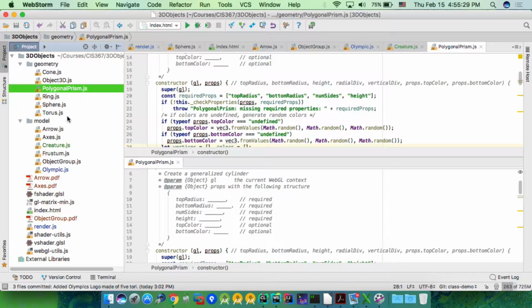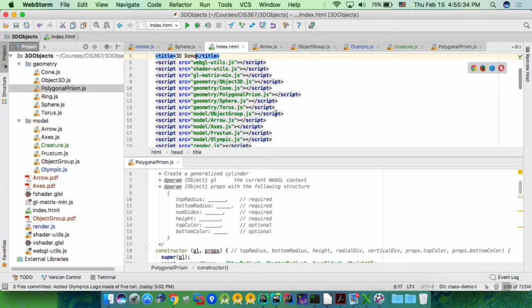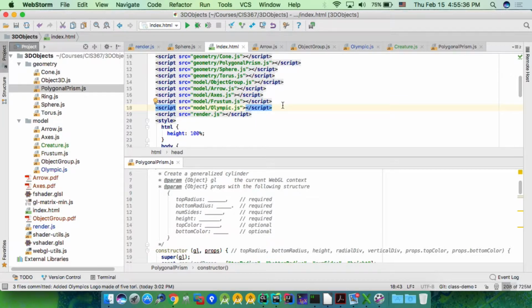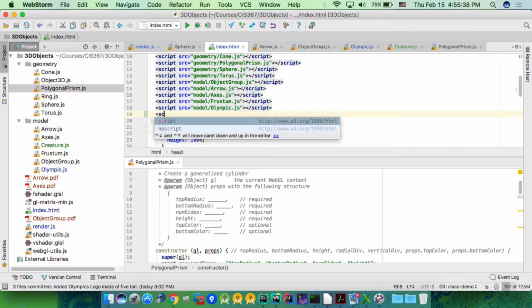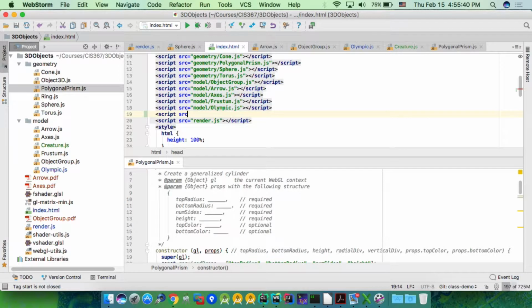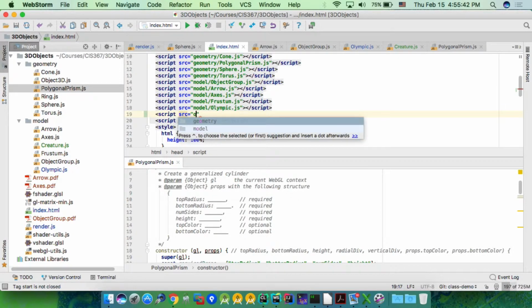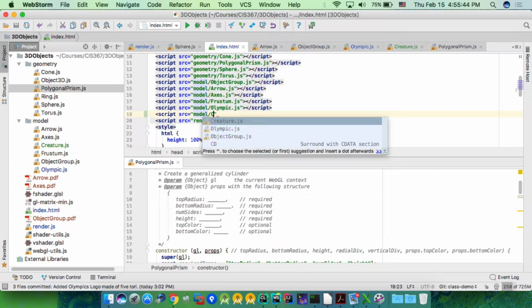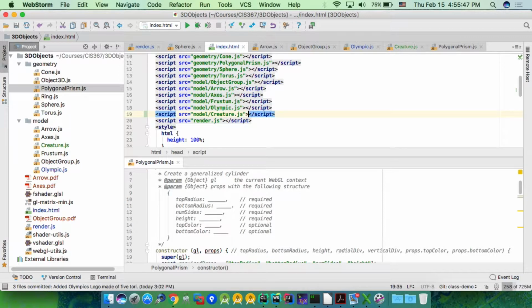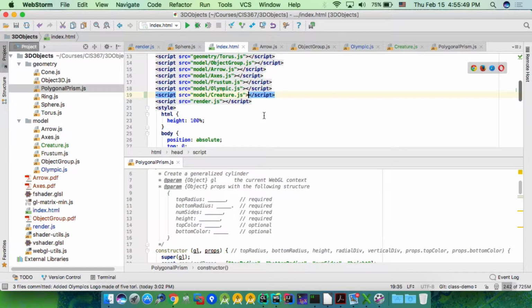And what I'm going to do, I have to add the new class as a new script. So I'm going to add script src equal model creature JS, and I'm going to change my render.